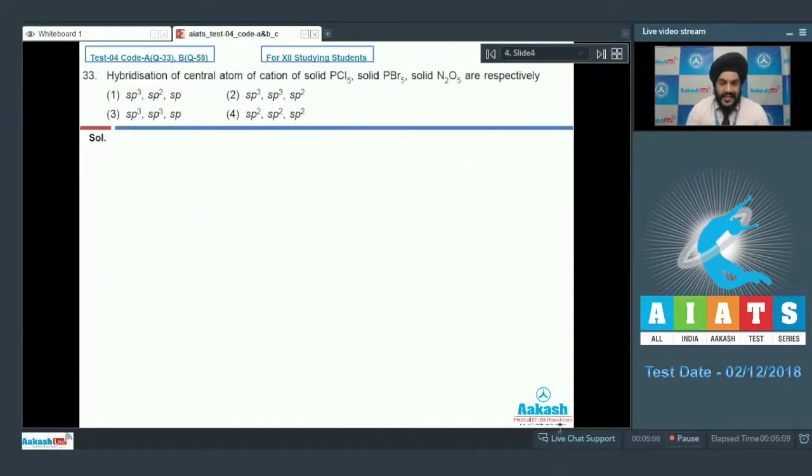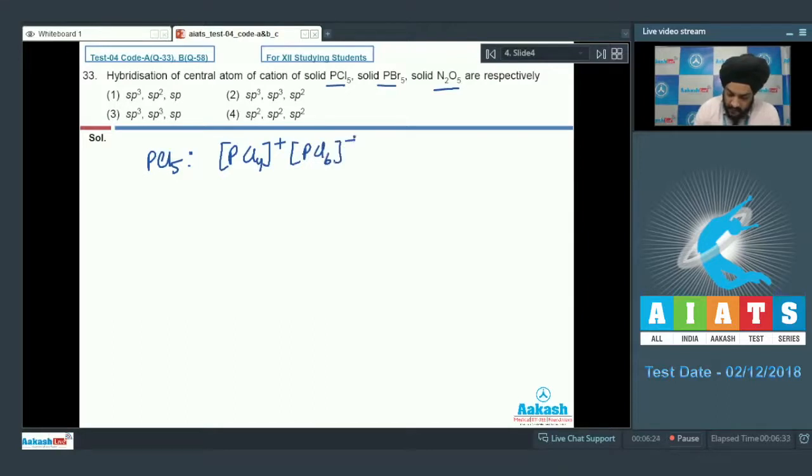Question 33. It says hybridization of central atom of cation of solid PCl5, solid PBr5 and solid N2O5 are respectively. So students, if we look at the solid state of these given species, we have PCl5. It exists as PCl4 plus PCl6 minus.